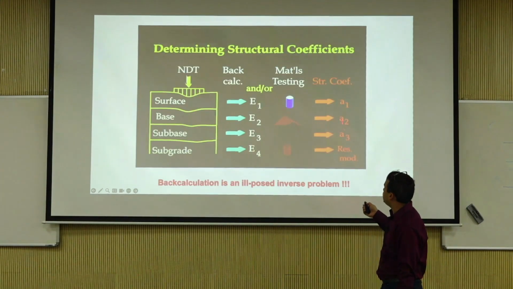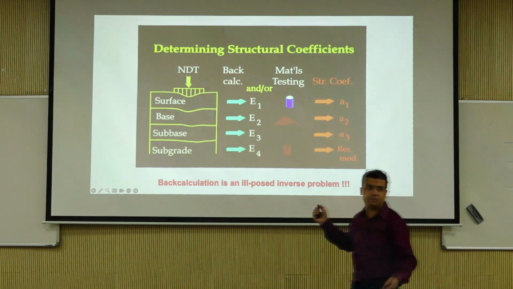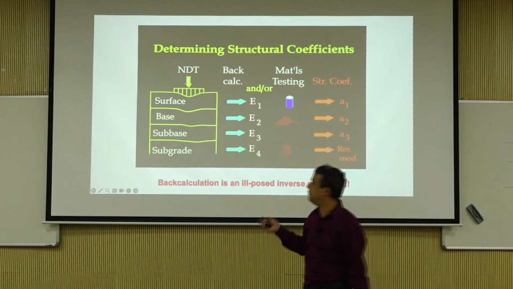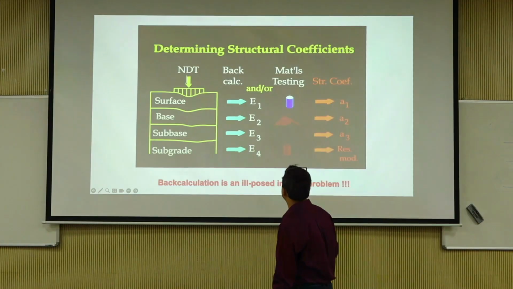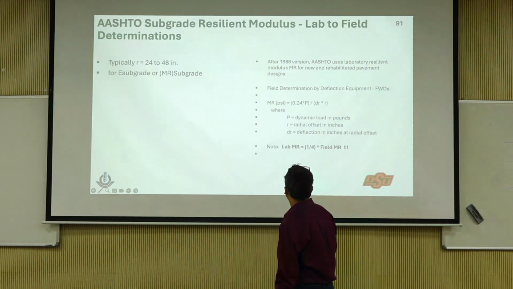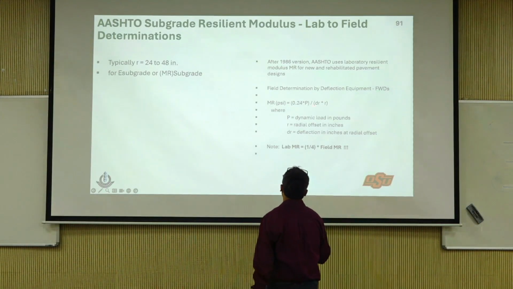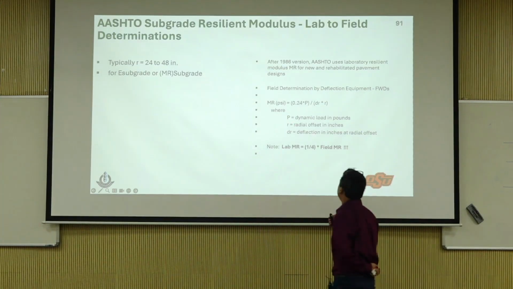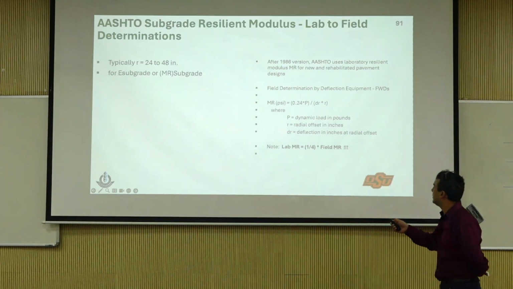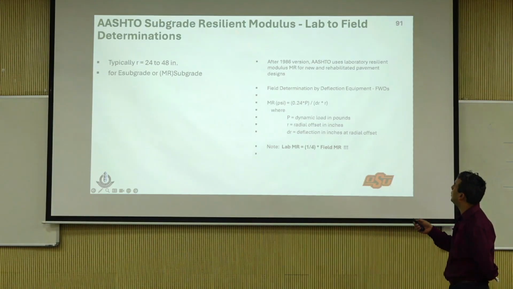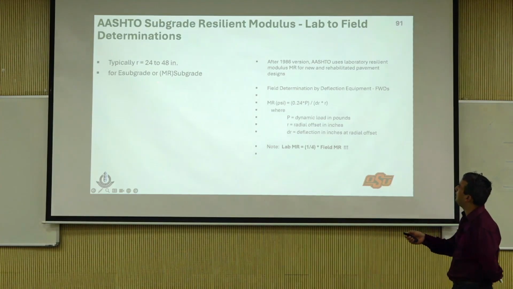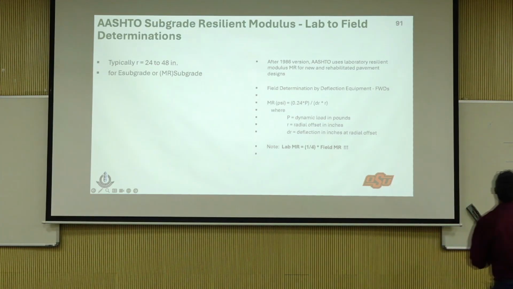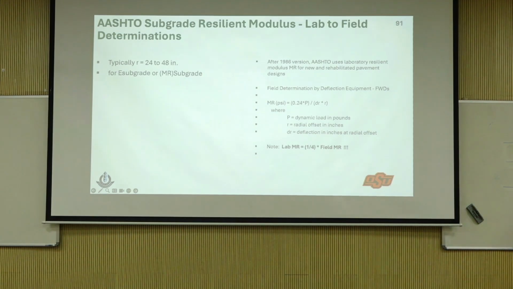Structural coefficients A1, A2, A3, you probably remember from AASHTO 1993, that's the values, so you can link them. AASHTO actually tells you how to determine the MR. It says at what distance you are going to get only the subgrade. See this, 24 to 48 inch, that's basically what I wiped over there.